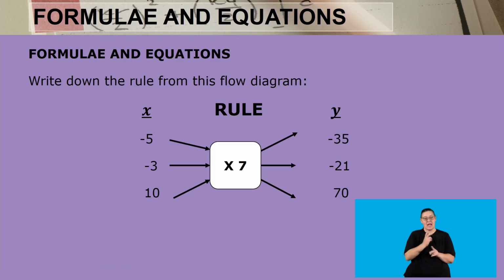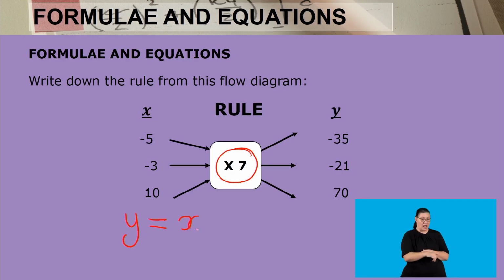So next here again, we are writing down the rule for this flow diagram. Now remember, the rule was to multiply by 7. So if we are going to convert this into a formula or an equation, then we need to use algebraic expressions. So how are we going to represent this? Well, we can see that for us to get the output value, what we did was to take the input value and we multiplied it by 7.